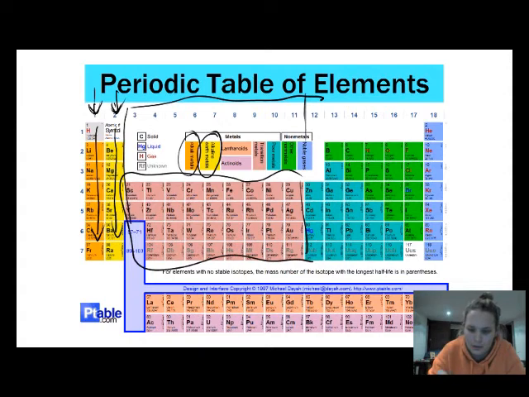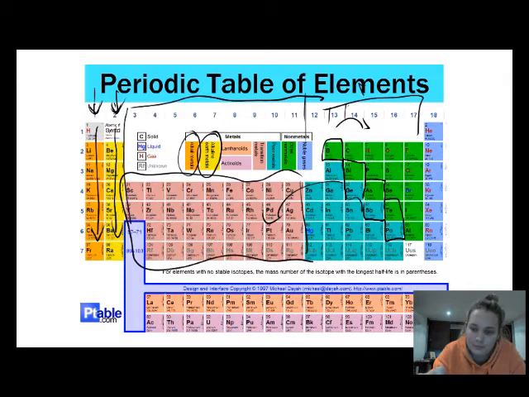If we keep going across, I have something that we call metalloids, and they sit in a staircase pattern on my periodic table. My metalloids have properties that are similar to metals and similar to the group that sits next to them, which are the non-metals.